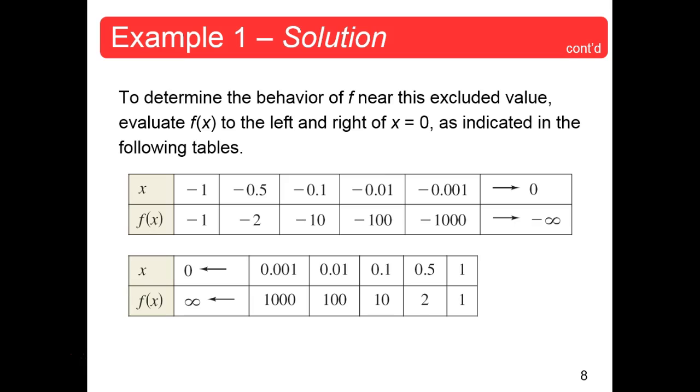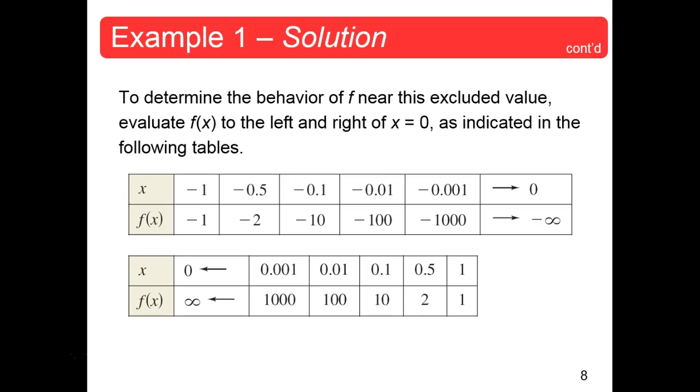Okay. And then we go to -10, -100 was -100, -1,000 was -1,000. The closer you get to 0 from the negative side, this is going toward negative infinity. No turning back. Just keep dipping lower and lower.